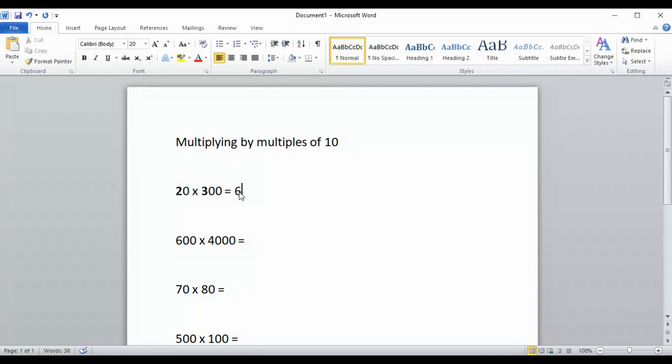2 times 3 is 6, but we're not simply multiplying 2 times 3, we're multiplying 20 times 300. We're saying how much is 20 groups of 300. So we're going to add the number of zeros that is in both of these numbers. And there's 1, 2, 3.